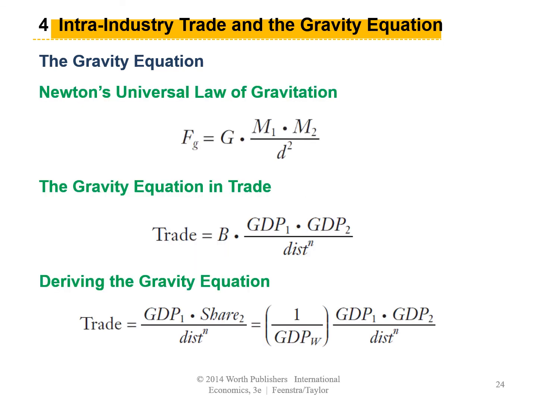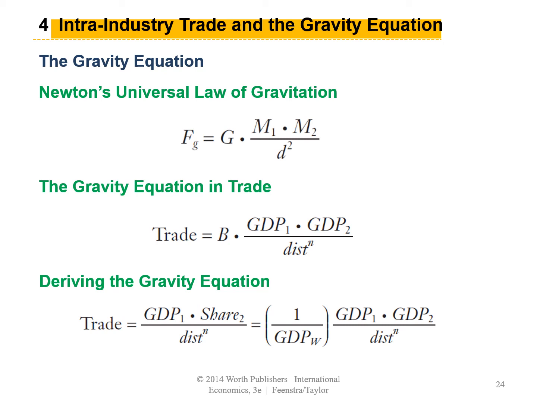So here you see the analogy between physics and this gravity theory or gravity equation for trade flows. The top level is Newton's universal law of gravitation, and you have the force of attraction equals G, which is a constant, times mass of the first thing times mass of the second thing divided by distance squared.